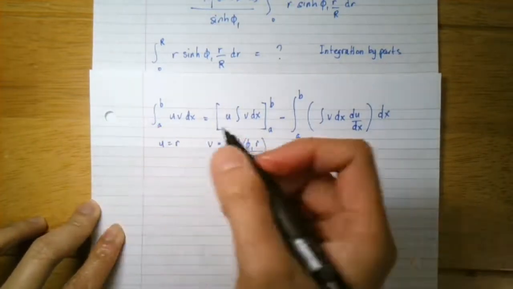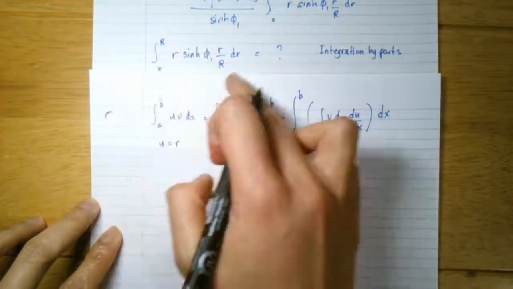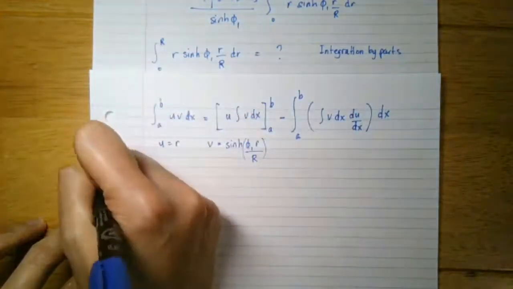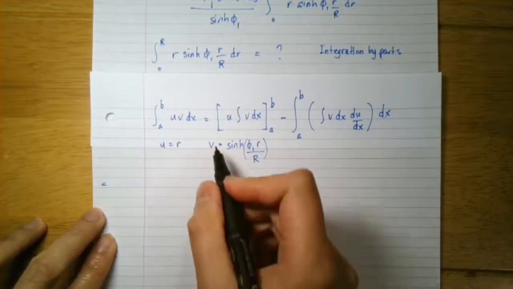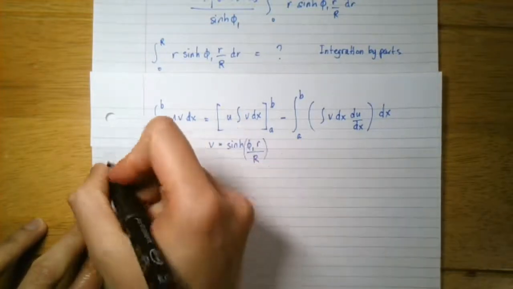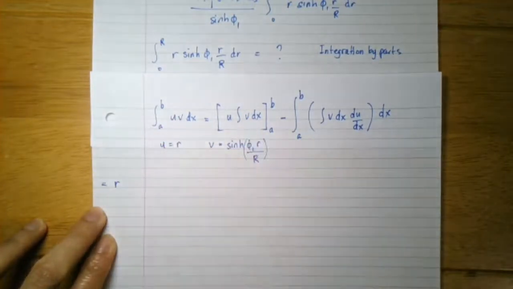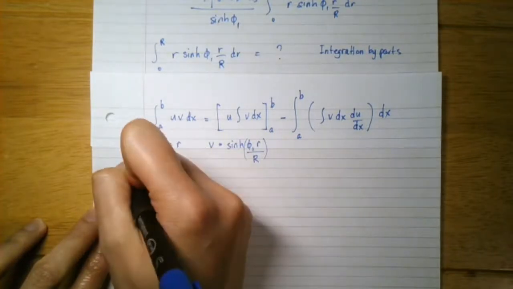Okay, so let's apply this. So integration by parts. This integral here is equal to, the first term, u, our u is r, times the integral of v dx.